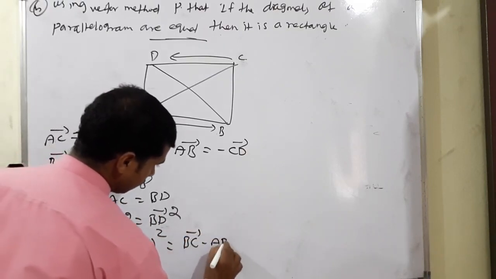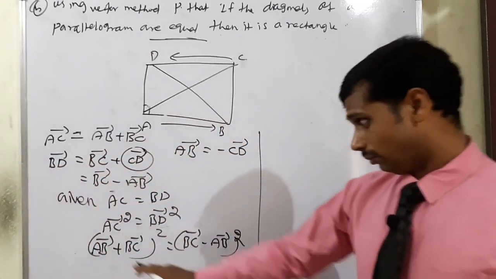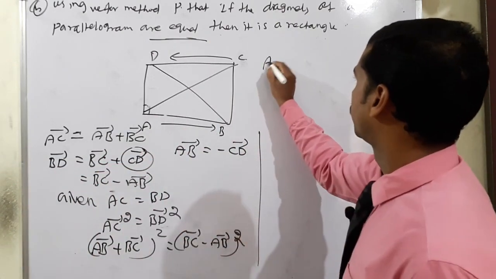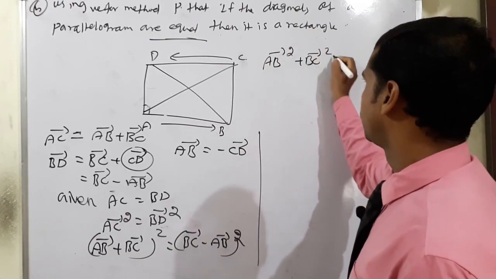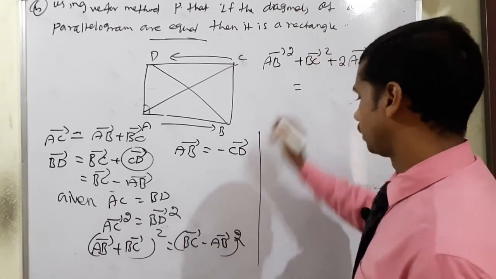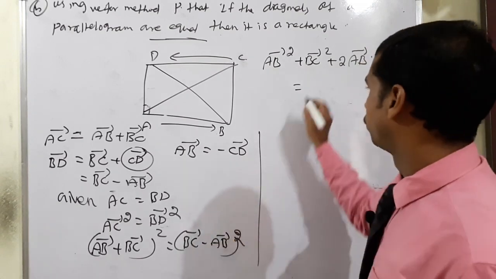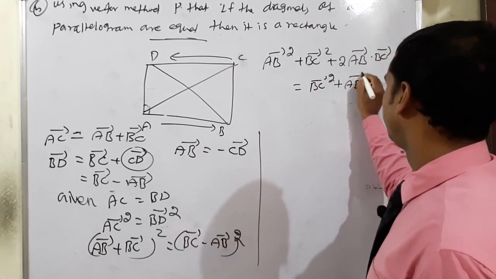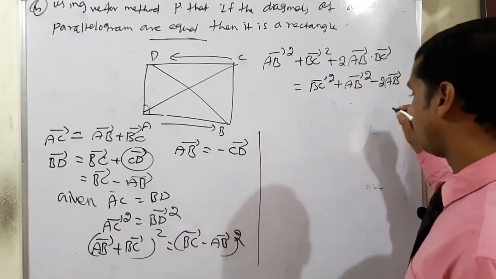Now left hand side, a plus b the whole square form: a square plus 2ab plus b square. We can write it as AB vector square plus BC vector square plus 2 AB vector dot BC vector, is equal to the opposite side, a minus b: a square minus 2ab plus b square. So we can write it as BC vector square plus AB vector square minus 2 AB vector dot BC vector.